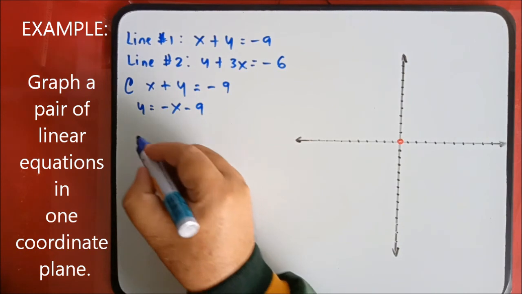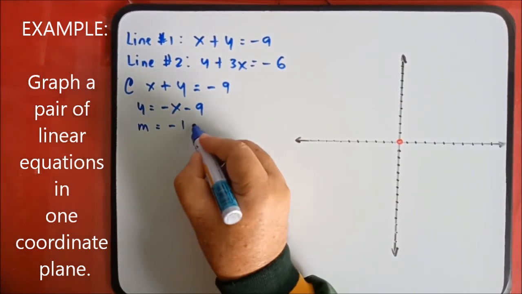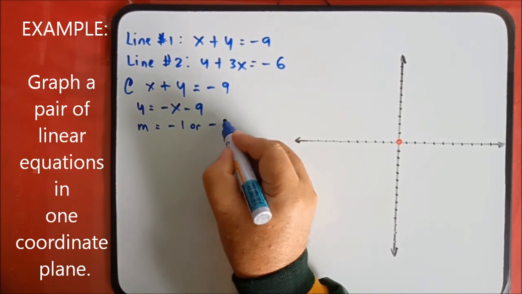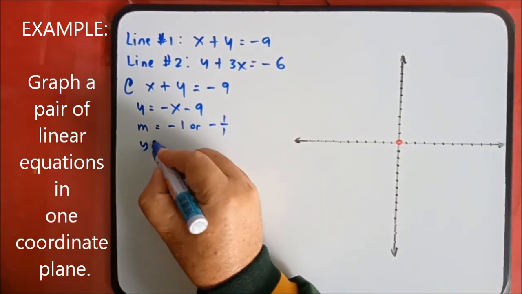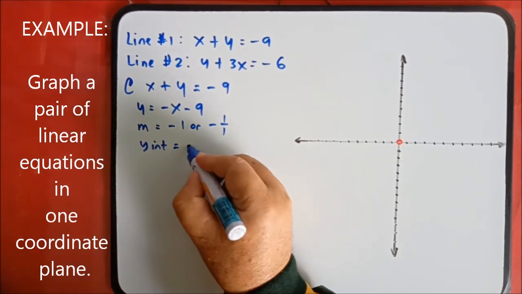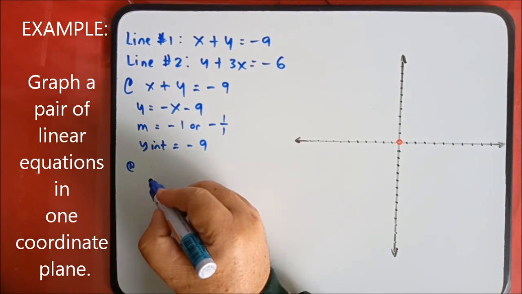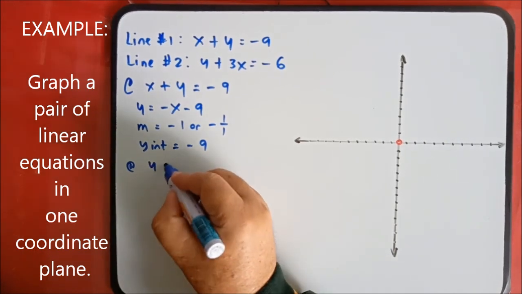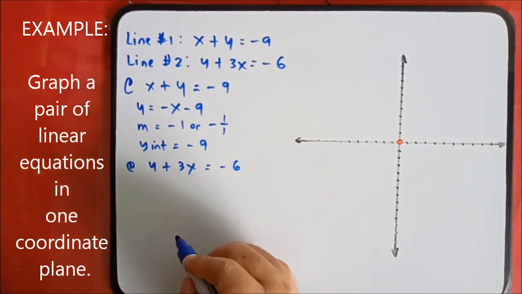Okay, meron na tayong slope. What is our slope? Negative 1 or negative 1 over 1. And the y-intercept is negative 9. Okay. For line 2, equation number 2, y plus 3x equals negative 6.